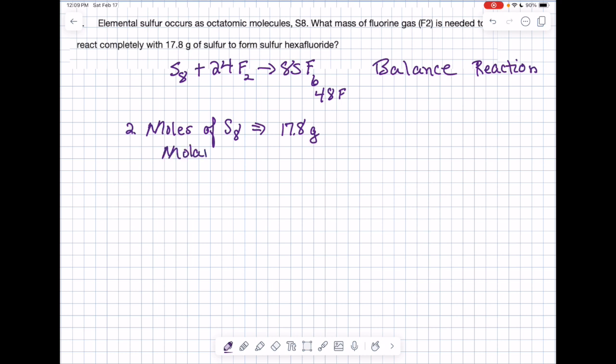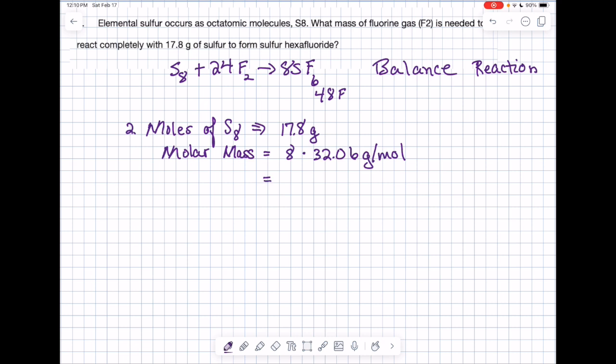So we need to go to the periodic table and look up the elemental mass, the atomic mass of sulfur, and multiply it by 8. So our molar mass is going to be 8 because we have 8 sulfur atoms times 32.06 grams per mole. That's going to be the molar mass of S8.